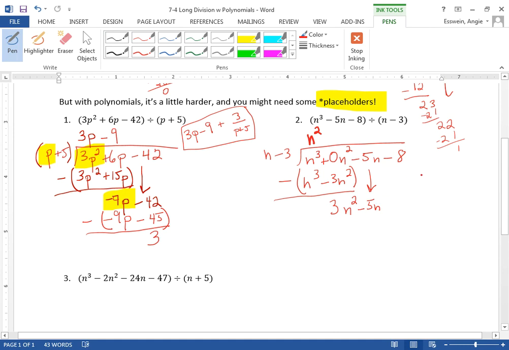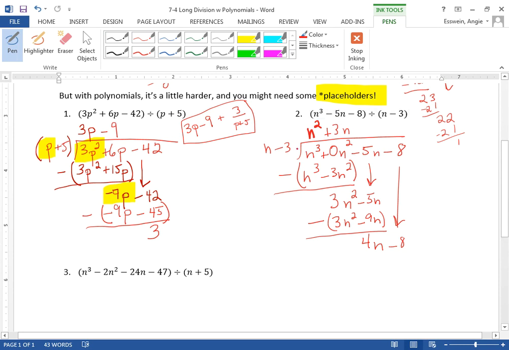Now we're going to go another round. We just look at the first term, the n and the 3n squared. So it's plus 3n. We multiply, we get 3n squared minus 9n. Subtract the whole thing. Negative 5 plus 9 is 4, positive 4n. Copy. We finished a whole round. We're ready to go again. So n times what is 4n?